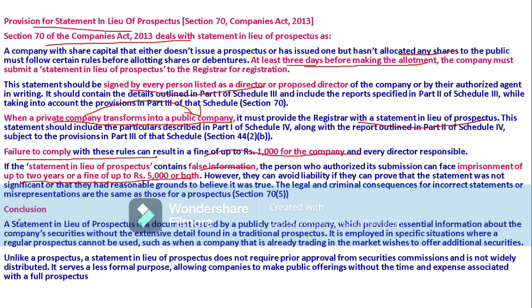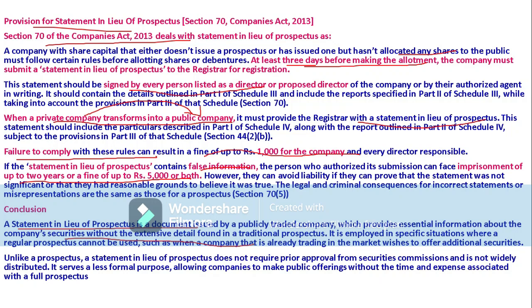So finally, a statement in lieu of prospectus is a document issued by a public company which provides essential information about the company's securities without the extensive detailed information found in a traditional prospectus. It is employed in specific situations where a regular prospectus cannot be used, such as when a company that is already trading in the market wishes to offer additional securities.